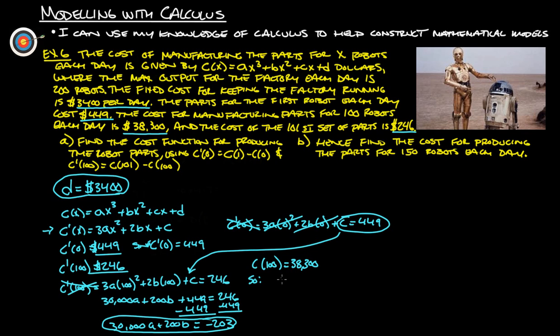The cost of 100 is going to equal a times x, which in this case is 100, cubed, plus b times 100 squared, plus c times x, but we now know that c is 449, so 449 times 100, plus d, which we figured out earlier was 3,400.